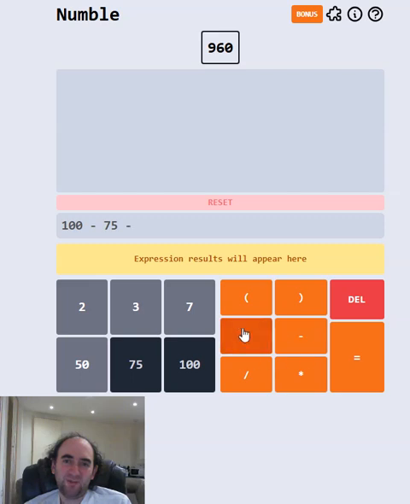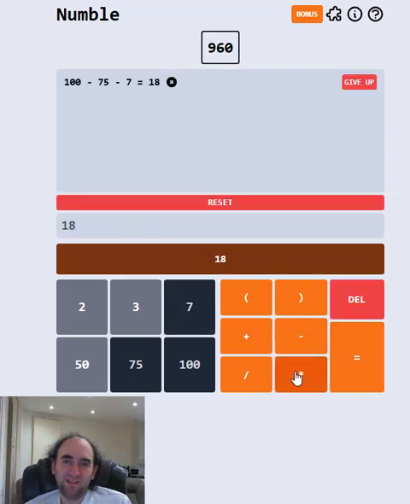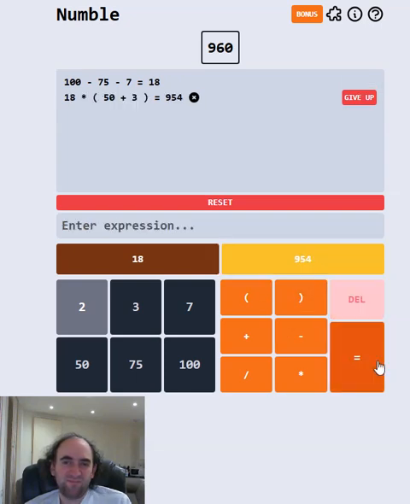We can get to 18 if we multiply that by 53. We're in the right ballpark, but we're still 6 away, so I say we're in the right ballpark. It's not that close.